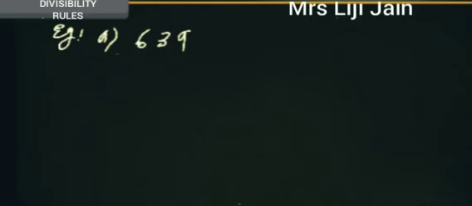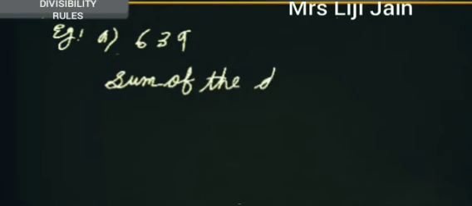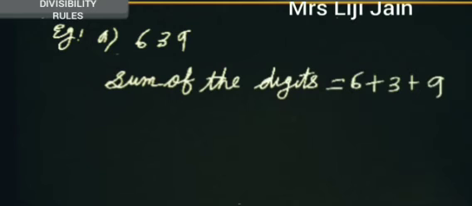Which are the digits in 639? Yes, 6, 3 and 9. So find out the sum of the digits. Sum of the digits is equal to 6 plus 3 plus 9. What is 6 plus 3? 9. 9 plus 9? 18.